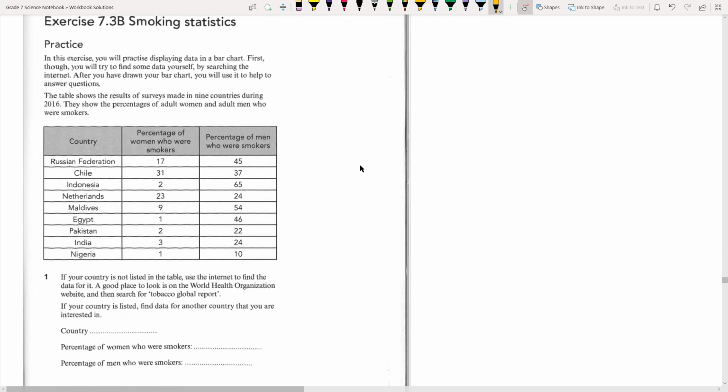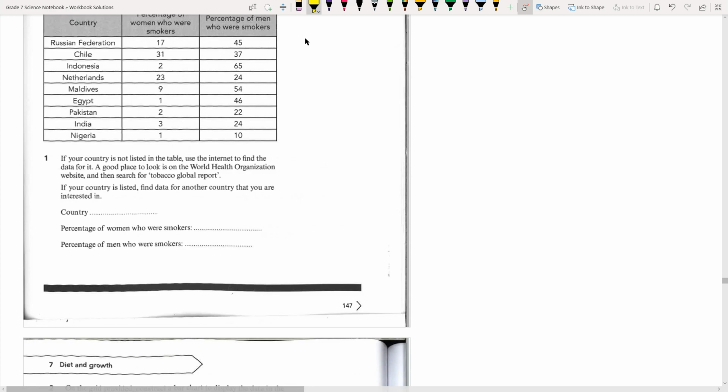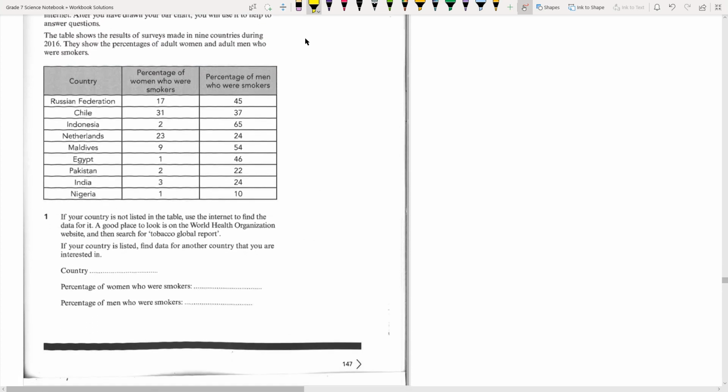Okay, smoking statistics. Now in this question we will practice displaying data in bar charts, so we have to build a bar chart. I'm just going to skip this question and answer these basic questions. If a country is not listed in the table, use the internet to find the data. If a country is listed, then find the data. Let's take Pakistan.